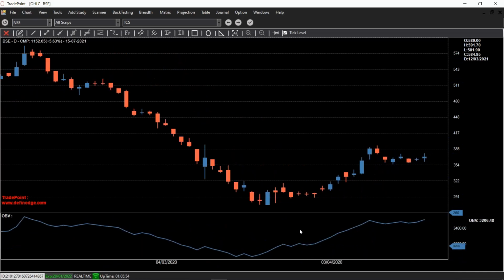Now, let's think of analyzing this indicator itself in detail, because try to understand this. Because we are adding volume to the previous number, this indicator behaves like a price itself.